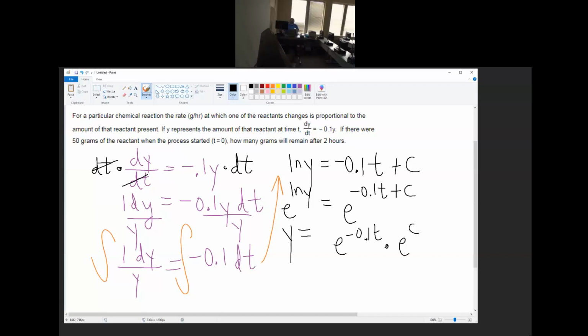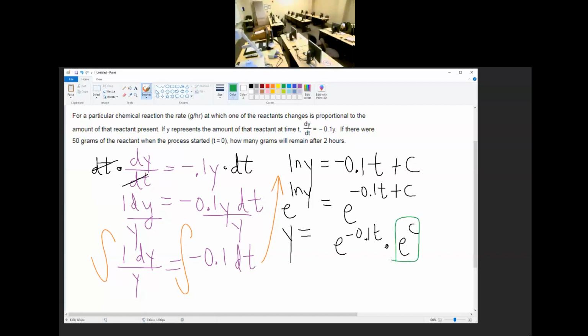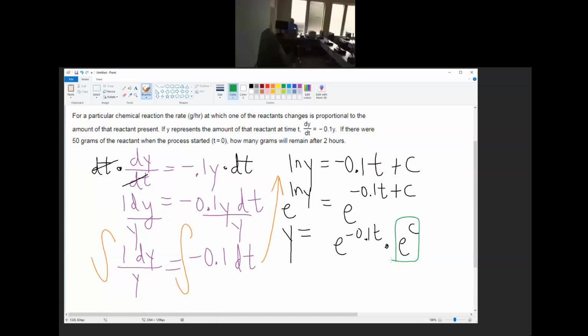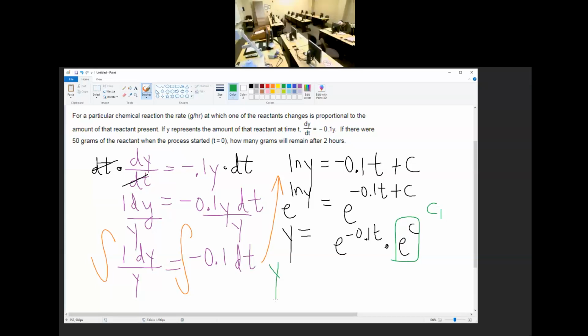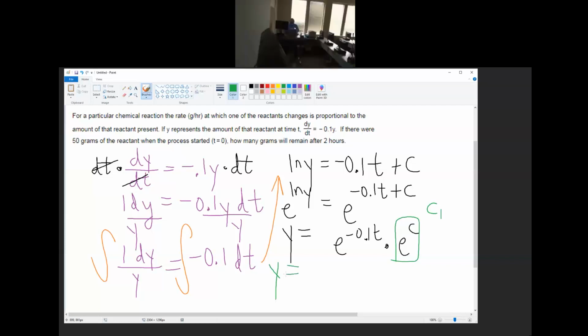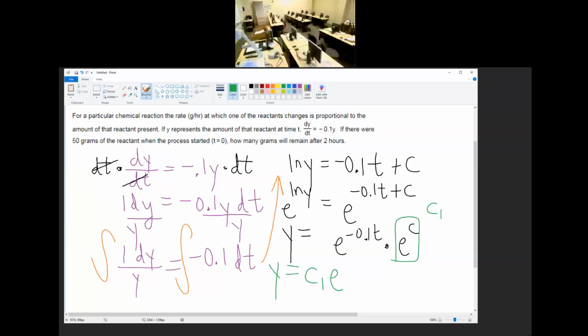Just for clarity's sake, this e to the c power, let's rename that as c sub 1. So we have our equation now, y equal to c sub 1 times e to the negative 0.1 t.